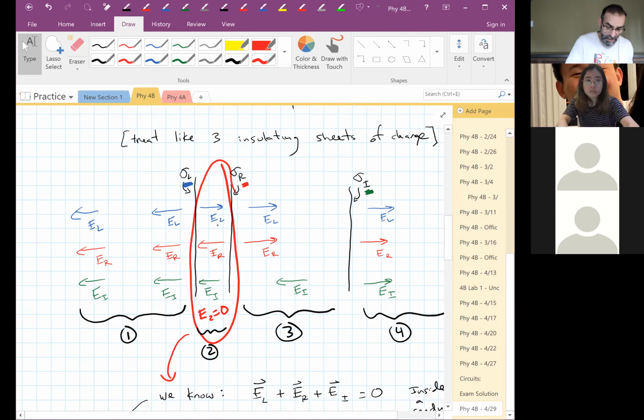So what do I get? 2 sigma right is minus 22. So sigma right is minus 11. And if sigma right is minus 11, and sigma right plus sigma left has to be minus 12, that means the other one has to be minus 1, right?